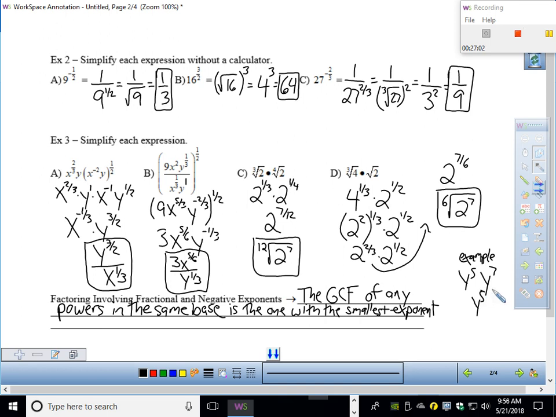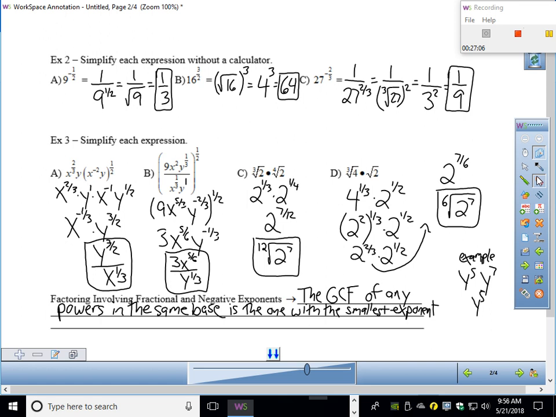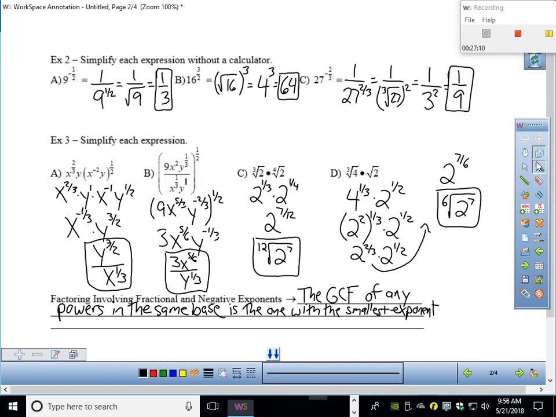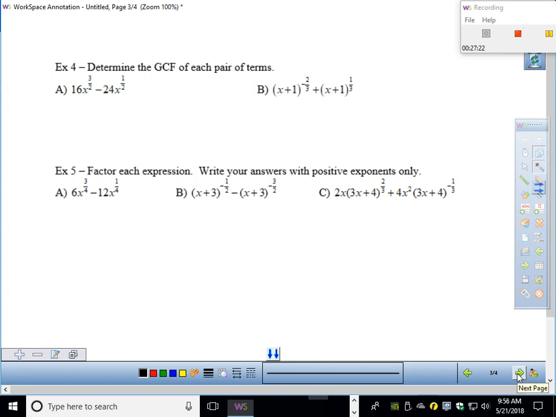It's y to the fifth. So keep that in mind, because we're going to start to see some really heavy-duty fractional exponents, negatives and positives and the like. And just remember this conclusion. The GCF of any powers in the same base is the one with the smallest exponent.